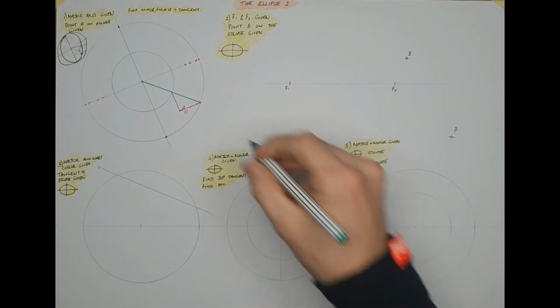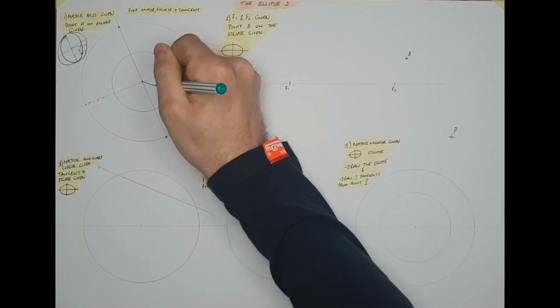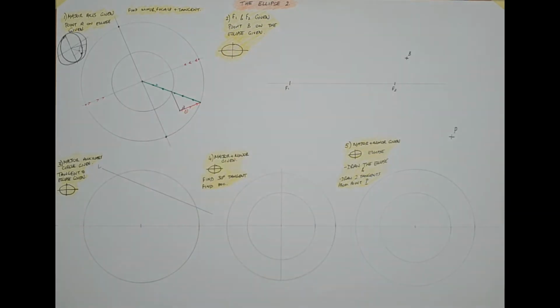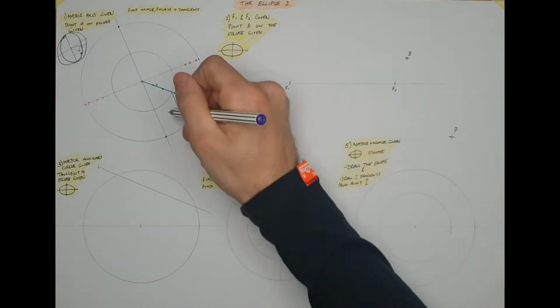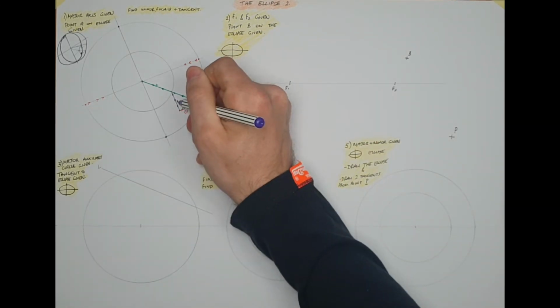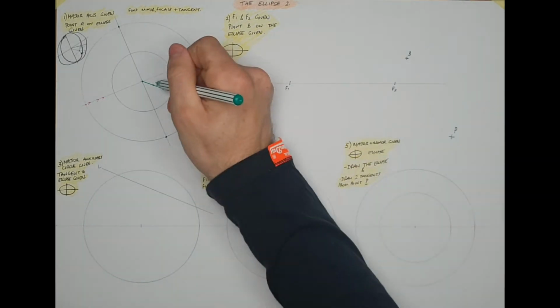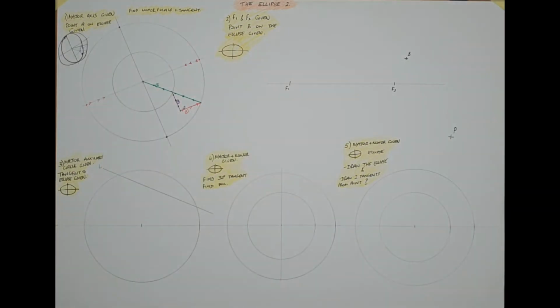Going in with the green was number 2. This movement in this way can be noted as number 2, and the third movement in would be your across, parallel to the major, there as number 3. So if you feel like putting some notes, and if you think that might help you when you're coming back to study this or to check it out, if you're doing a hard exam question, then go ahead and do that.